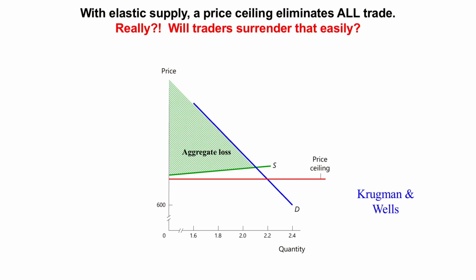And that ought to raise your price theory antenna when we talk about the gains from trade. Are people really going to give up that easily? They're getting all this green surplus, and then a rule comes along and asks them to make a rather small change in some sense, and they just give up and say, okay, I really like that market, but I'll just do without it. I'm skeptical, and we ought to be skeptical.